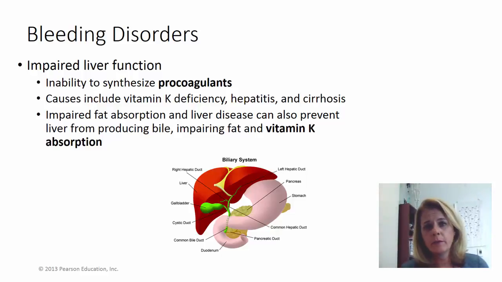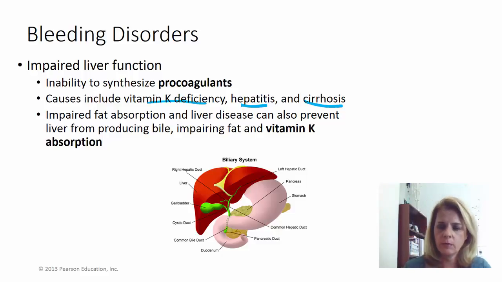If you have liver damage, like hepatitis, which is inflammation of the liver, or cirrhosis, which is sometimes associated with alcoholism, or vitamin K deficiency, any of those things can cause the liver to not work right, and it can't make those procoagulants, so you're not going to have the factors you need. Remember, vitamin K is needed for 4 of those clotting factors to be formed. So liver damage can cause you to have bleeding disorders.